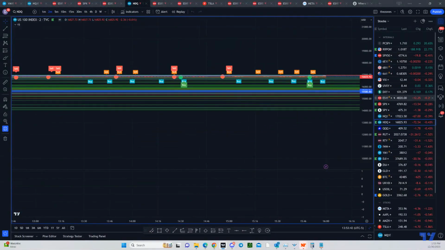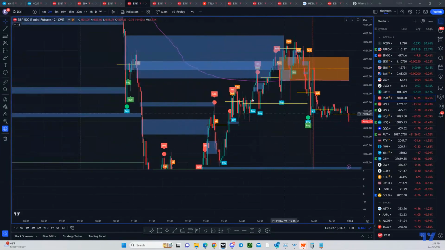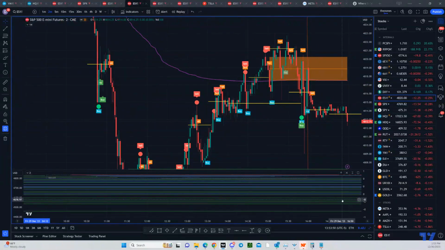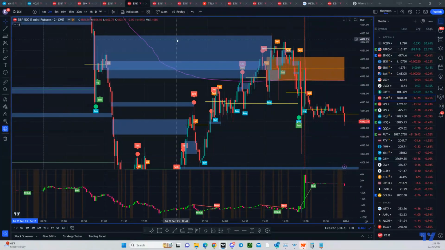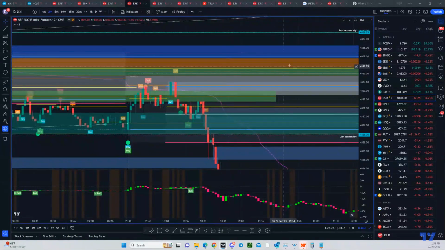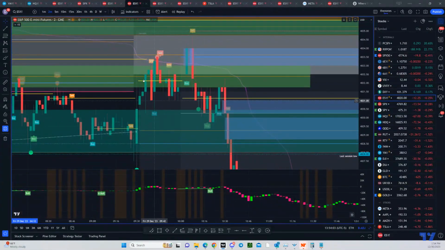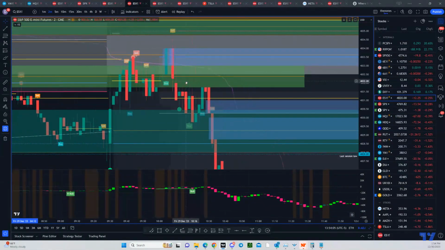When you look at the ES in this particular 2-minute chart, we're going to talk about that area. So this area here is the area that we're talking about. When it got to 35 over here, it came back and basically cut below that pivot area, which was 48.30 yesterday.